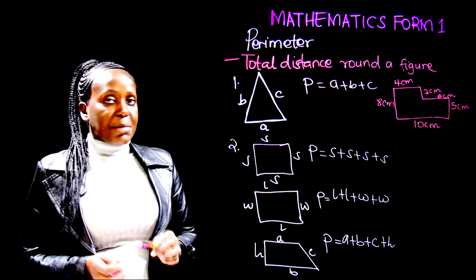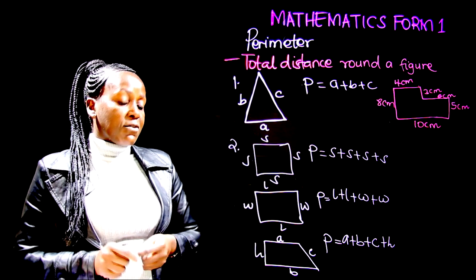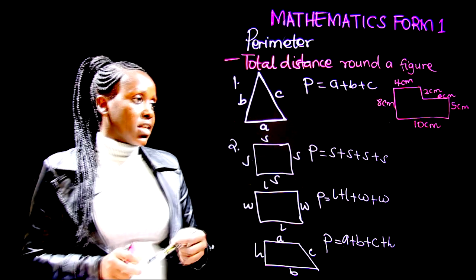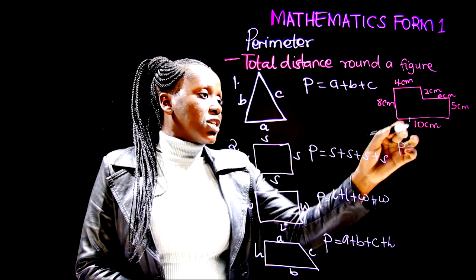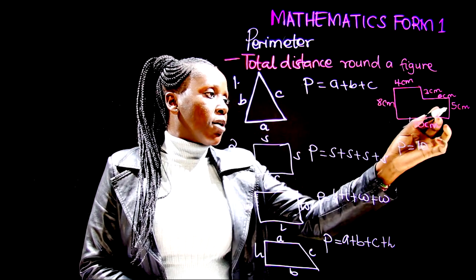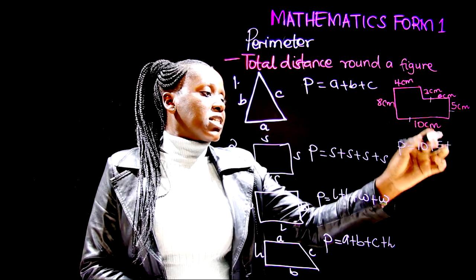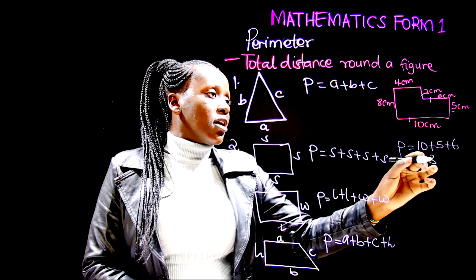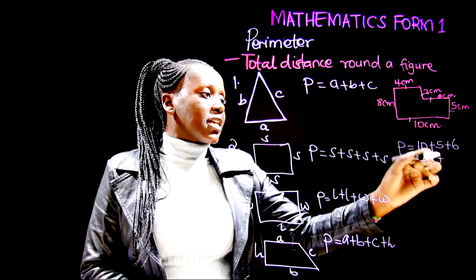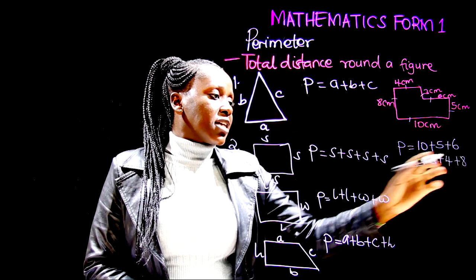If you need to determine the perimeter of that figure, then you will have to add all the sides. So the perimeter will be equal to, for this side we have 10 plus 5 plus this side is 6 plus this side is 3 plus this side is 4. Finally, we have this side which is 8.